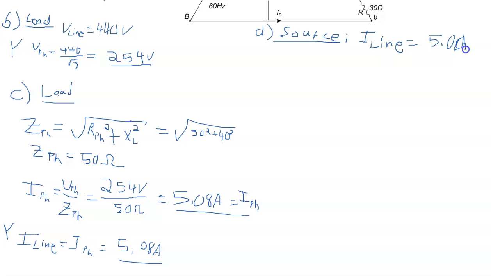And these Y-Y connections are really the easiest, because when we get back to considering it be a Y connection, we know that likewise what we said for the load, I phase equals I line, and so no change in the currents here. Our currents are equal, and so when there's no delta connection, that becomes, hopefully, straightforward. So 5.08 amps.